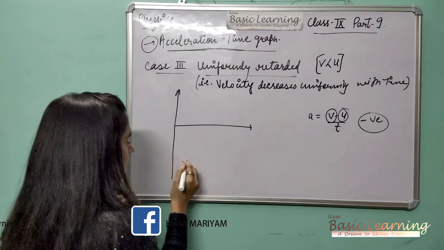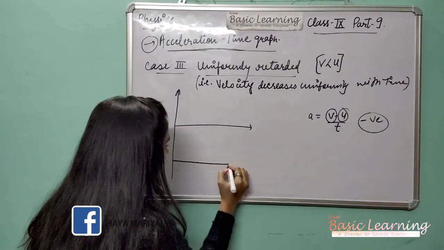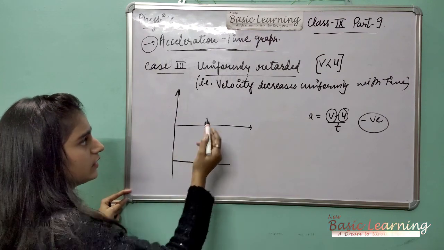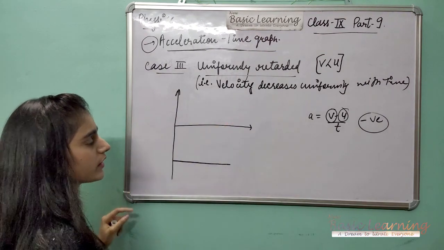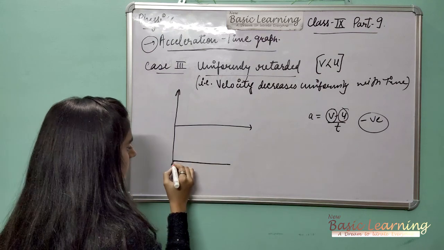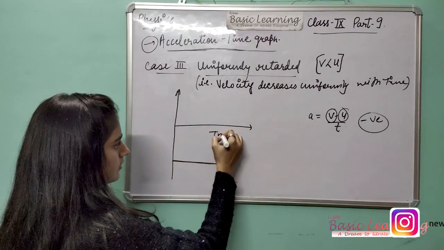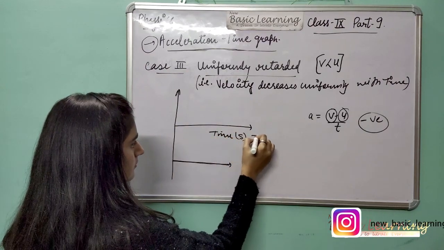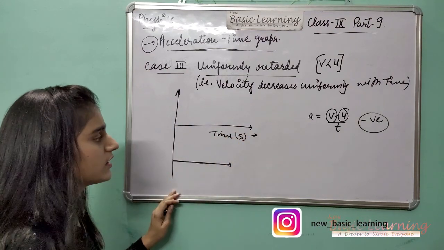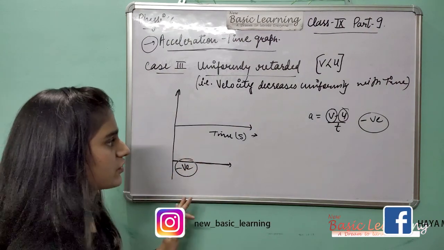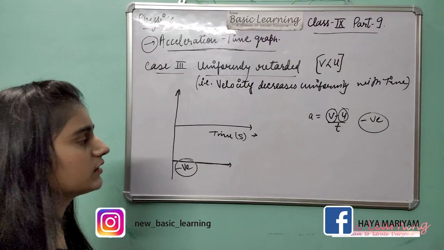We will draw a line below the time axis. So this graph shows that the motion is uniformly retarded when the line is below the time axis. This is the time axis. Okay, so this is the negative acceleration. So this was the third case.